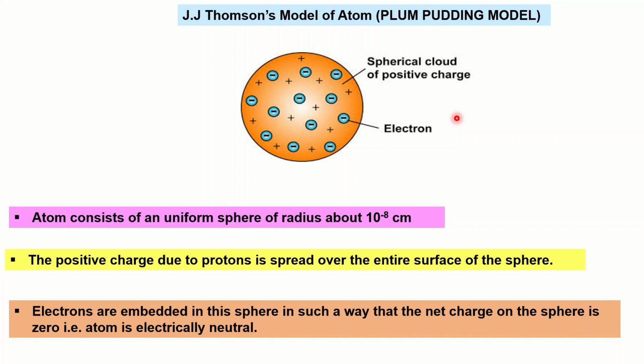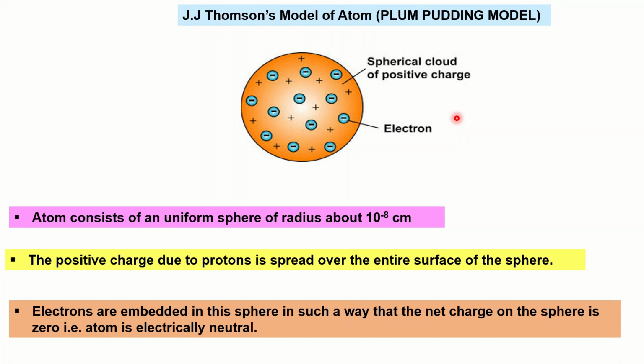J.J. Thomson in 1898 proposed that an atom may be regarded as a sphere of approximately radius 10 to the power minus 8 centimeter, carrying the positive charge due to protons, in which negatively charged electrons are embedded or studded.